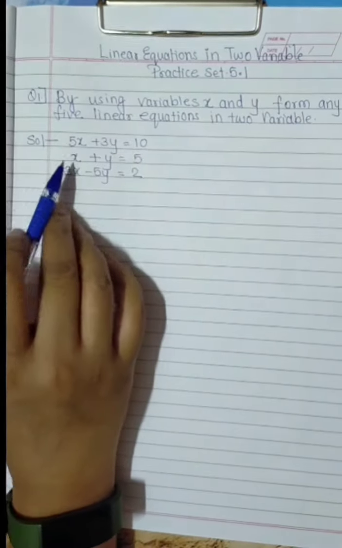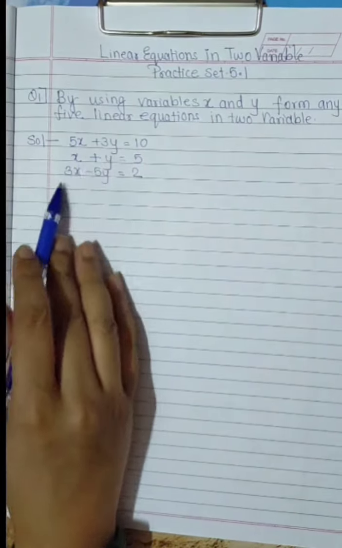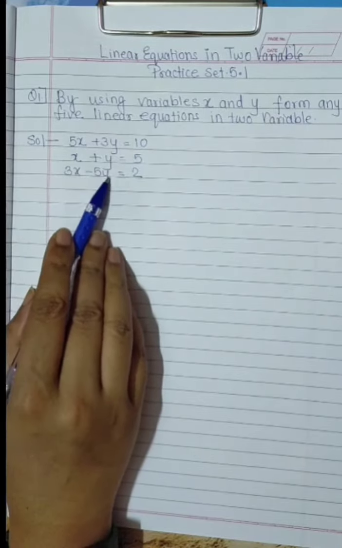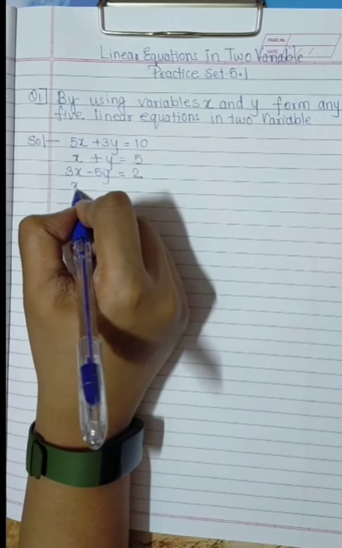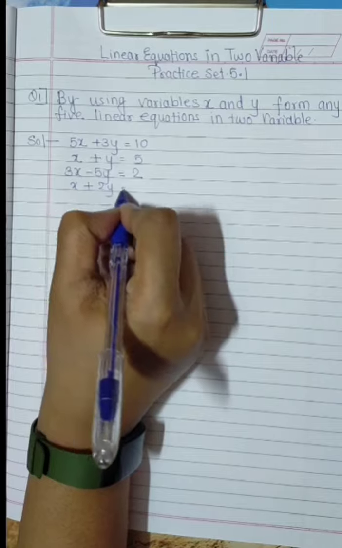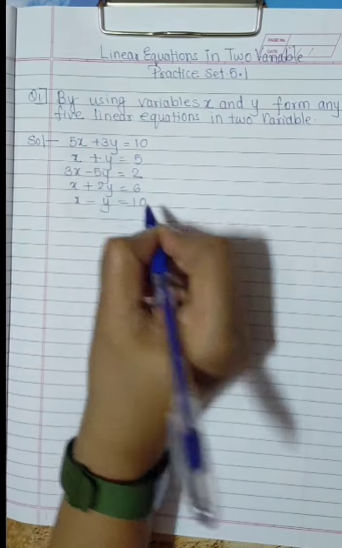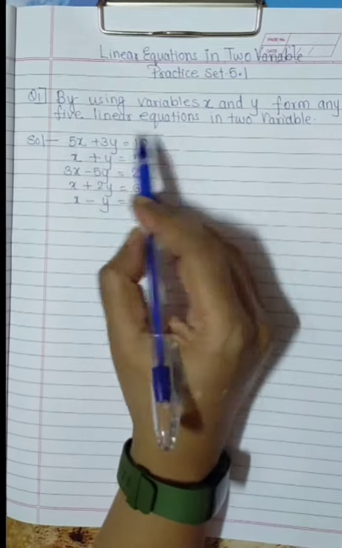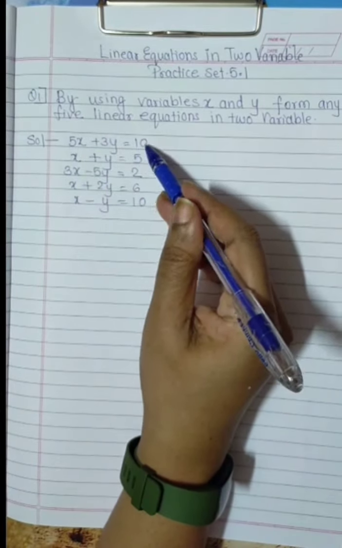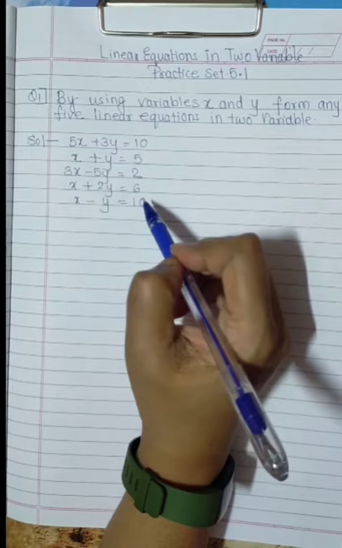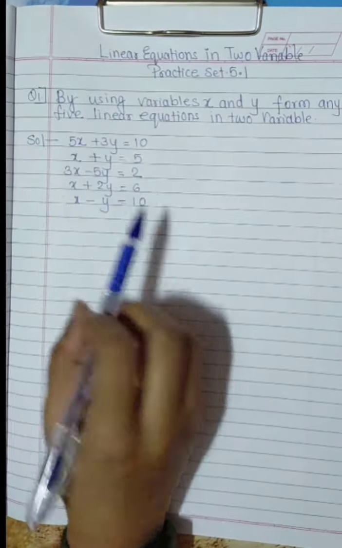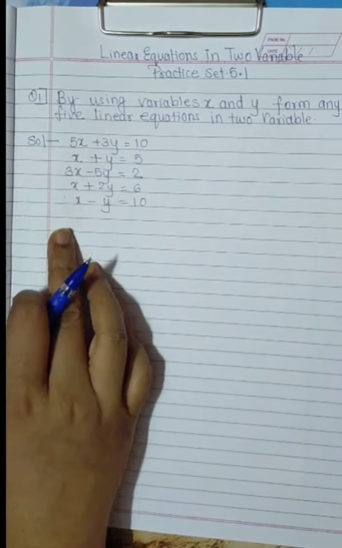Again x plus 2y equal to 6, x minus y equal to 10. We just have to show 5. So I have shown you 5 linear equations in 2 variables. I hope you understood question number 1.